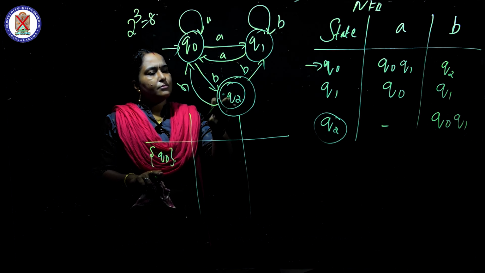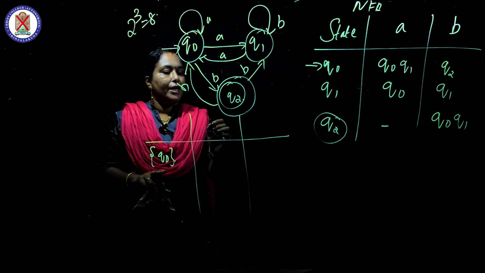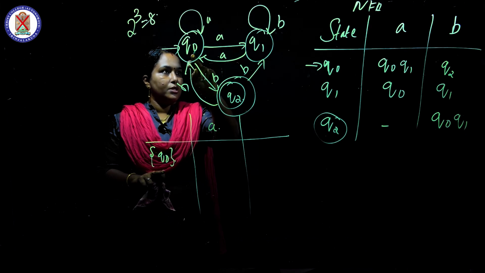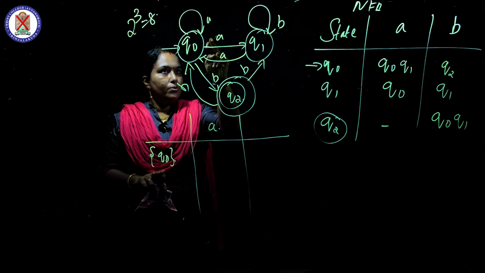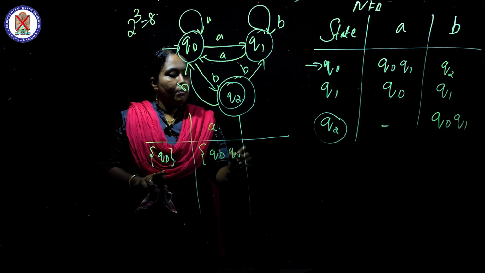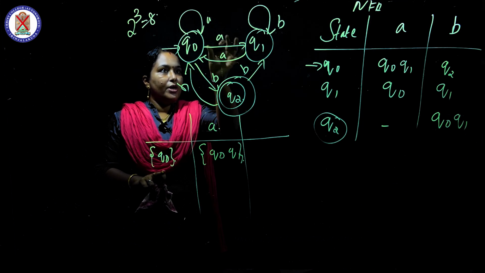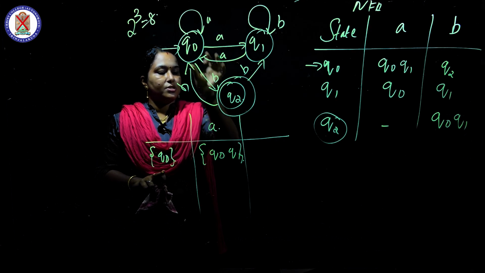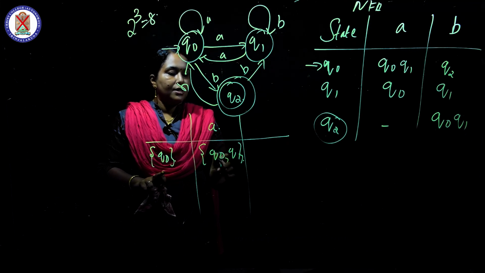Set Q0 on A goes to Q1 and also Q0, so the set becomes Q0, Q1.